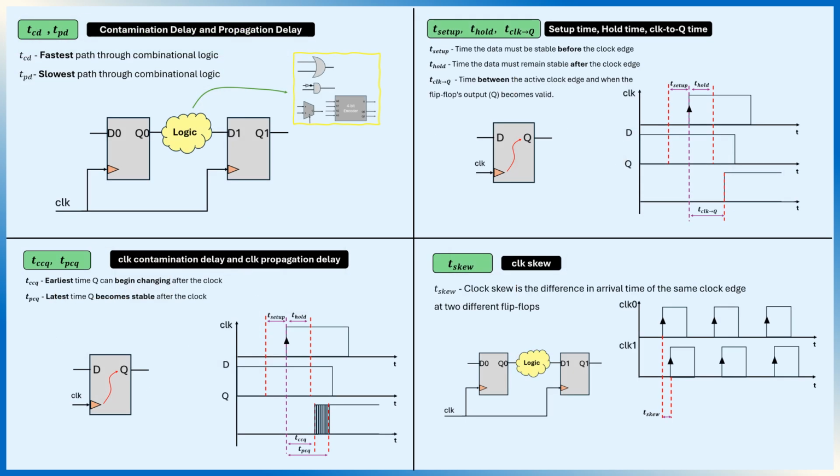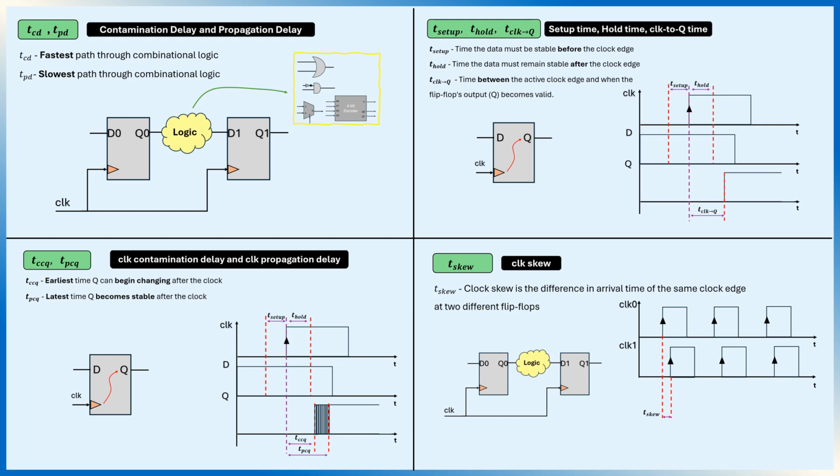Let's quickly recap everything we have covered in this series. Part 1, we learned how to identify timing paths and calculate propagation delay and contamination delay through combinational logic. Part 2, we introduced the timing characteristics of flip-flops: setup time, hold time, and clock to queue. Also, we learned how to use them to check setup and hold constraints.